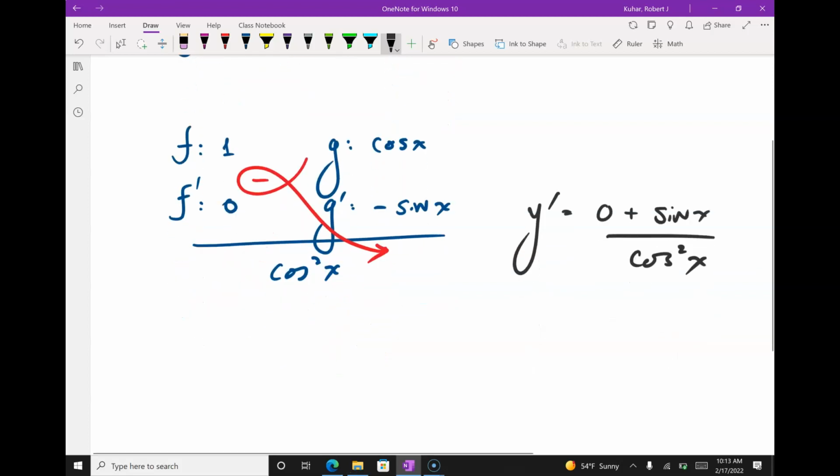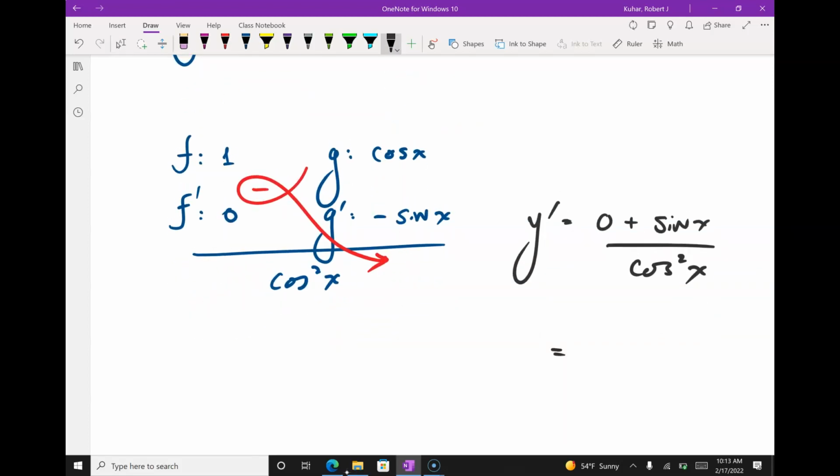I'm going to rewrite my denominator as sine of x over cos of x times 1 over cos of x, right? So I can see that my sine over cos is tangent and my 1 over cos is secant. So there it is, secant x tan x.